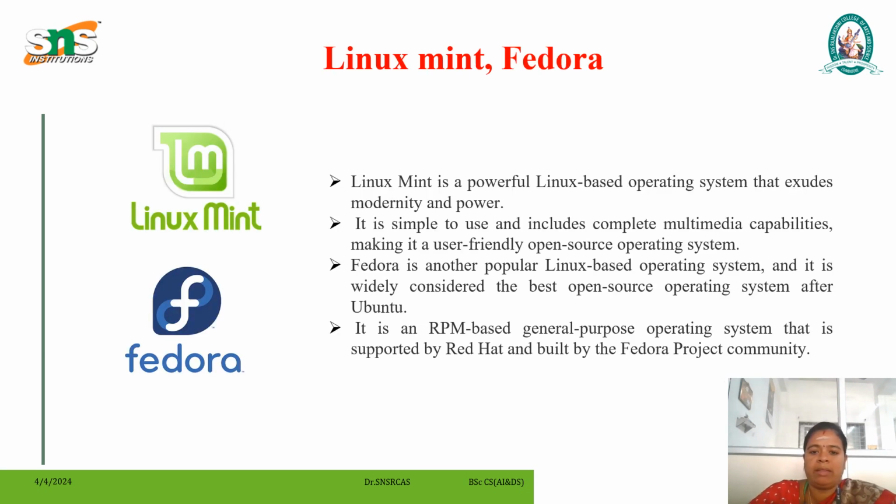Next one, Linux Mint and Fedora. Linux Lite is another free open source operating system that can run on lower end hardware. It is a lightweight operating system designed to help users who are unfamiliar with Linux based operating systems. It includes all of the required program capabilities, tools, and desktops, with a minimal interface entirely based on the Ubuntu system.